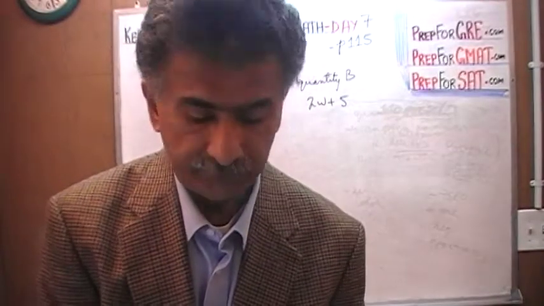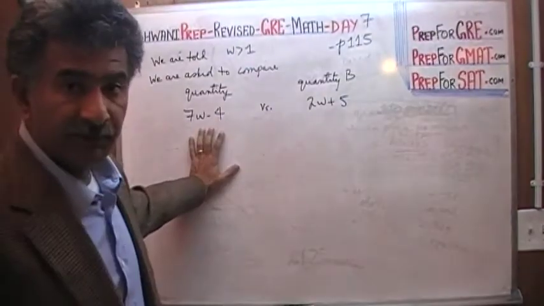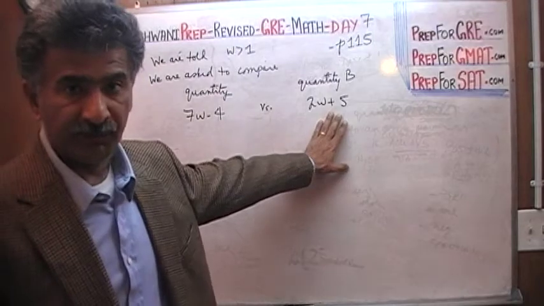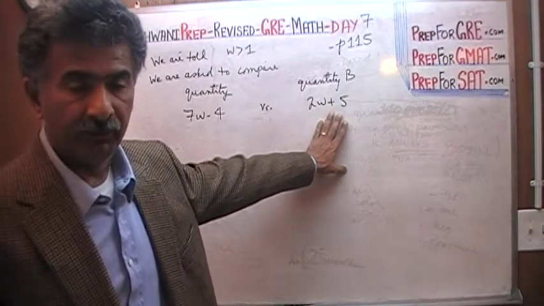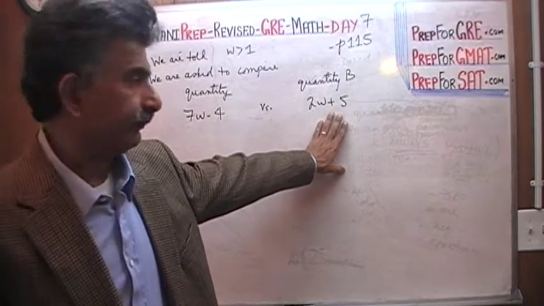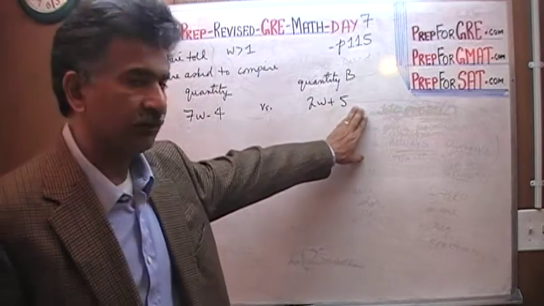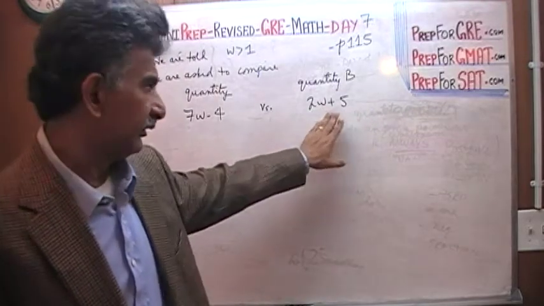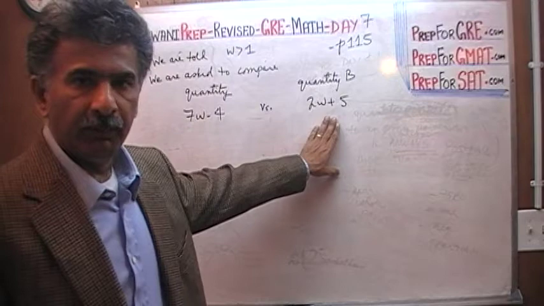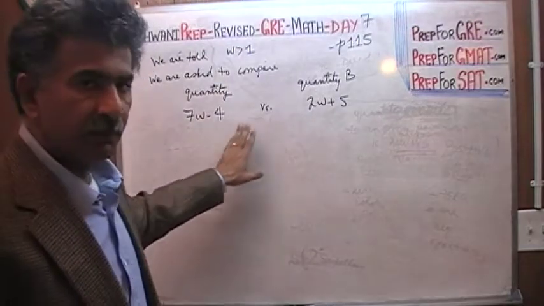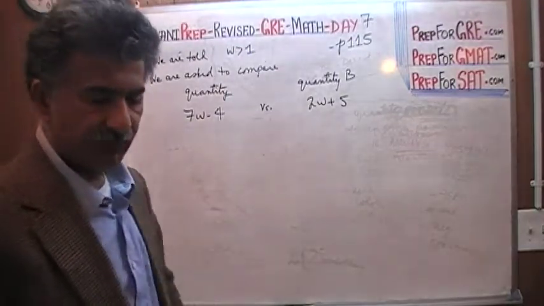In a situation like this, this is called an algebraic expression. These are not equations. An equation would have an equal sign. Had it been 2W plus 5 equals 7, that would have been an equation. This is an expression.